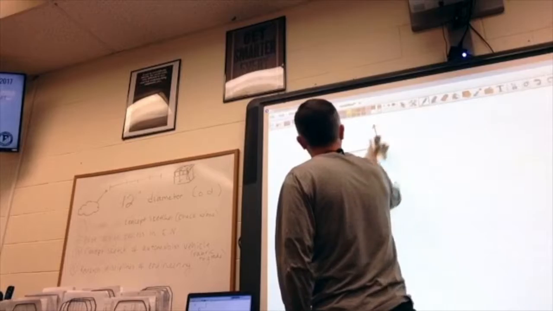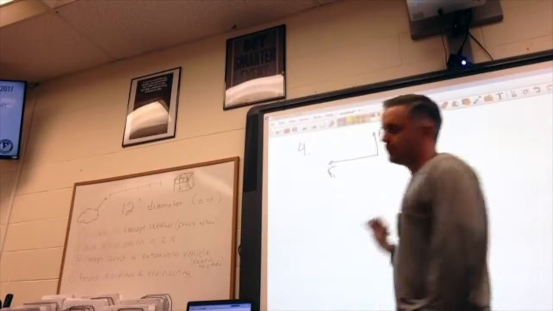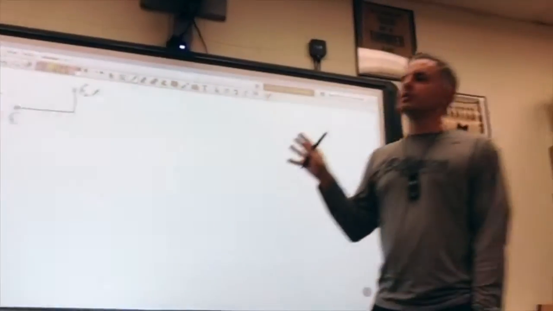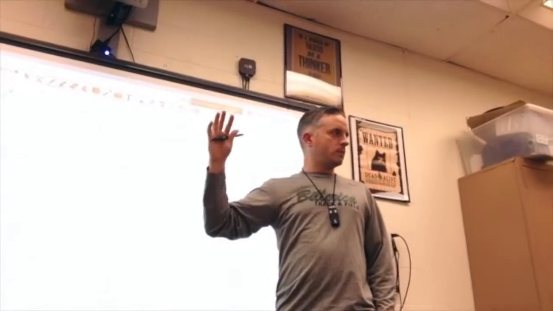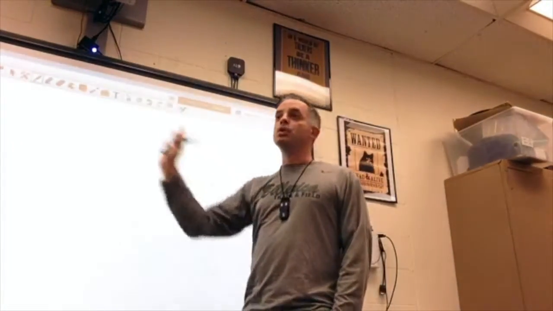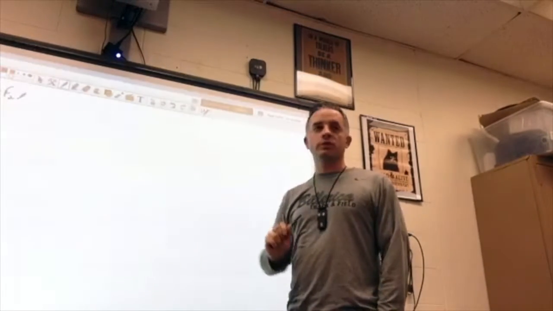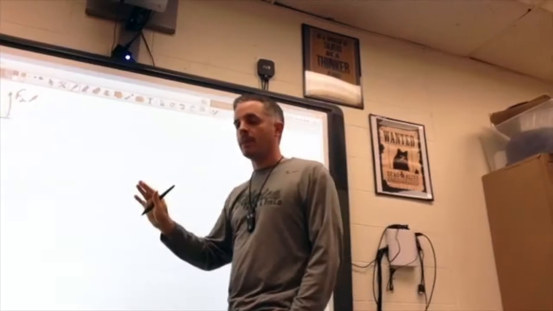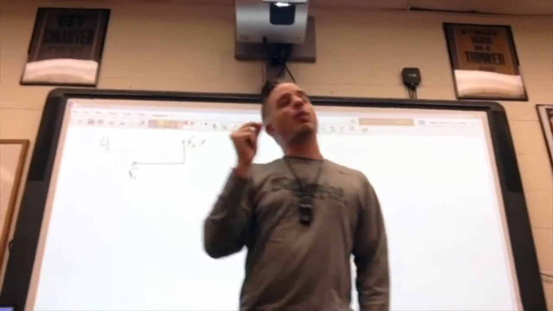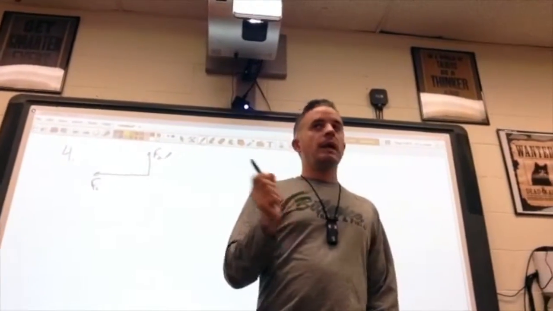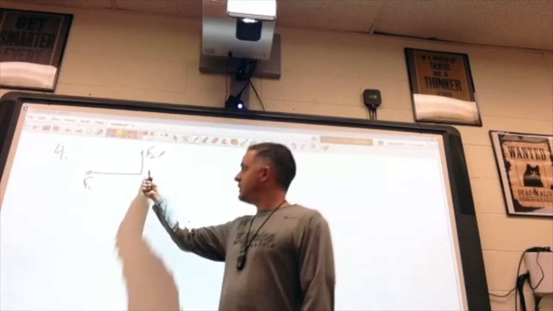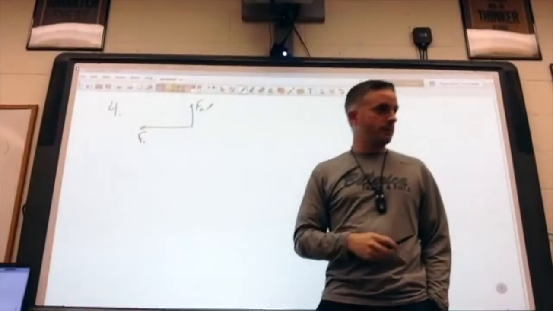I have F1 and F2. Now, I'm going to use the fact that I can move vectors around and put them in any order as long as I keep the magnitude and direction the same. Because the first thing I want to do is find out what is the net force that these two cause.